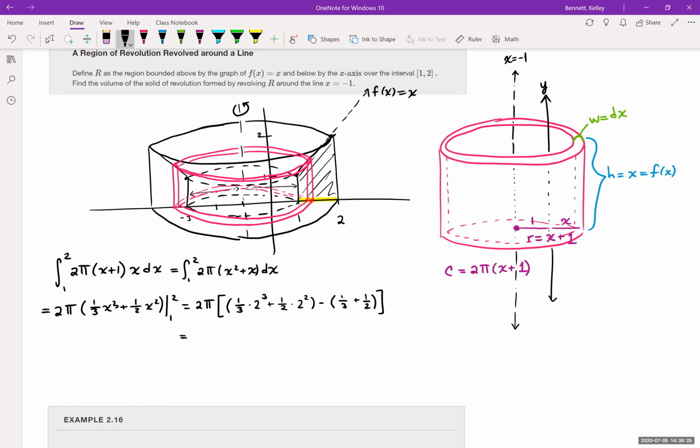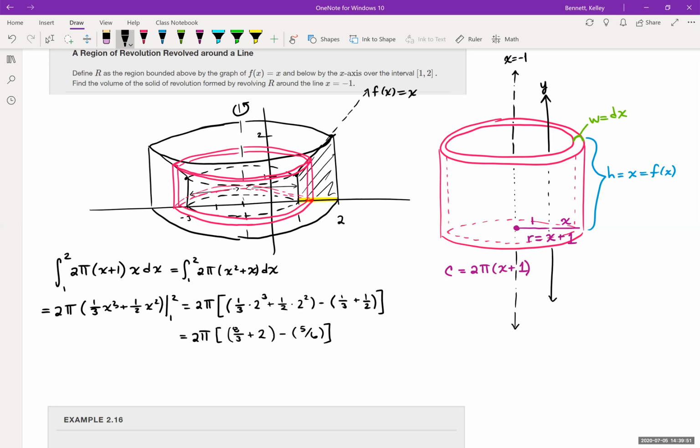Okay, so I get 2 pi times, let's see, that's 8/3 plus 2, and 1/3 and a half together through addition is 5/6, so I'm going to subtract 5/6. So now what do I get? 14/3 minus 5/6.